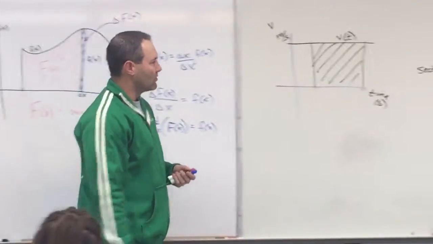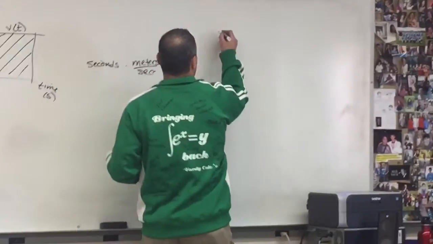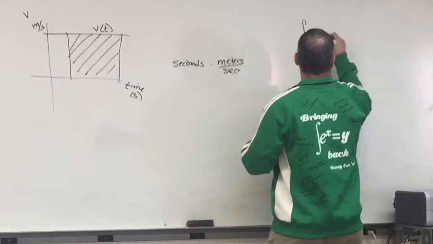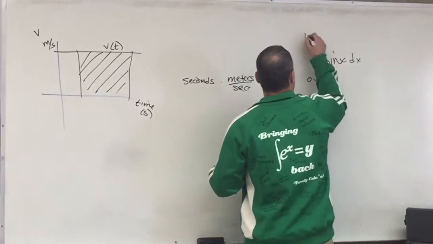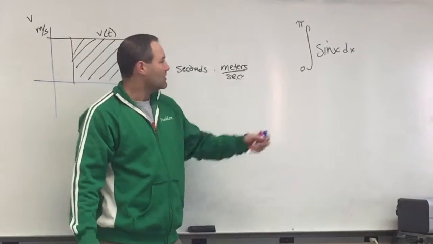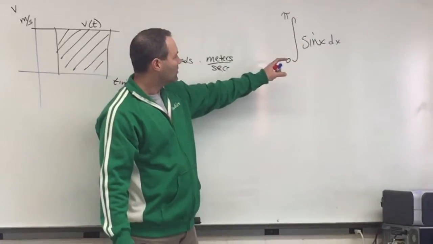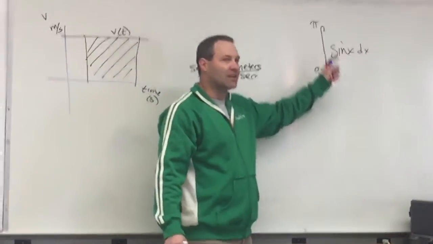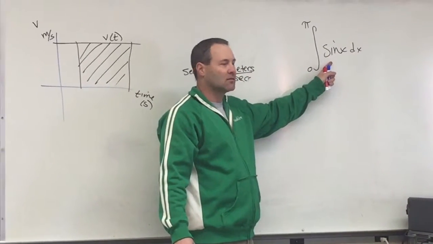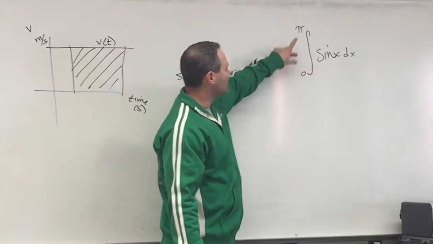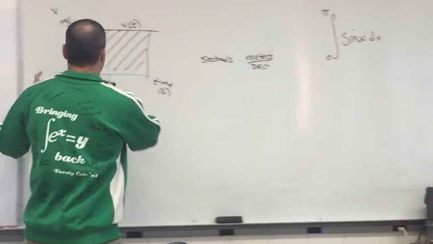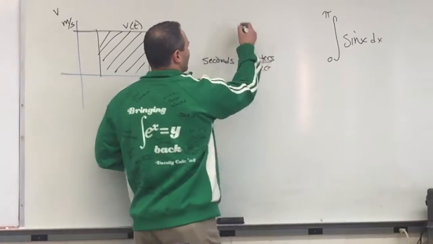Alright, so can we integrate sine x dx from 0 to pi? Wasn't that what we said was 2? Okay, so if we know the antiderivative of sine, then we can evaluate it from 0 to pi, and that will give me the area underneath the curve.